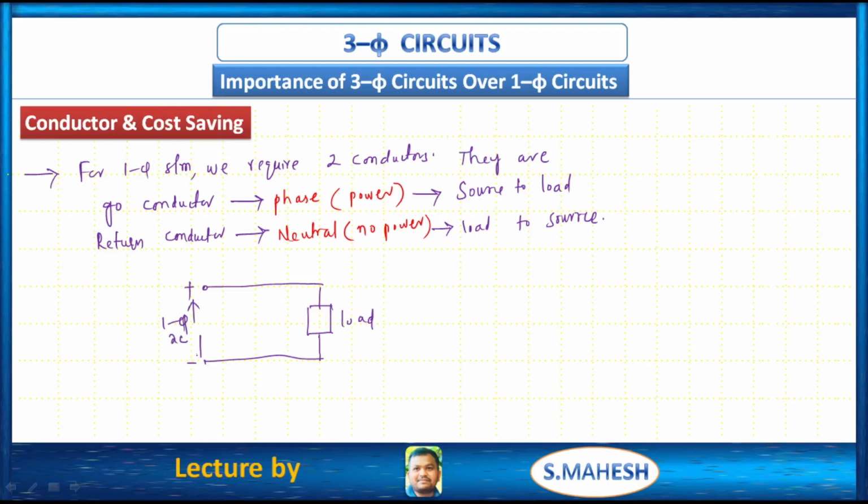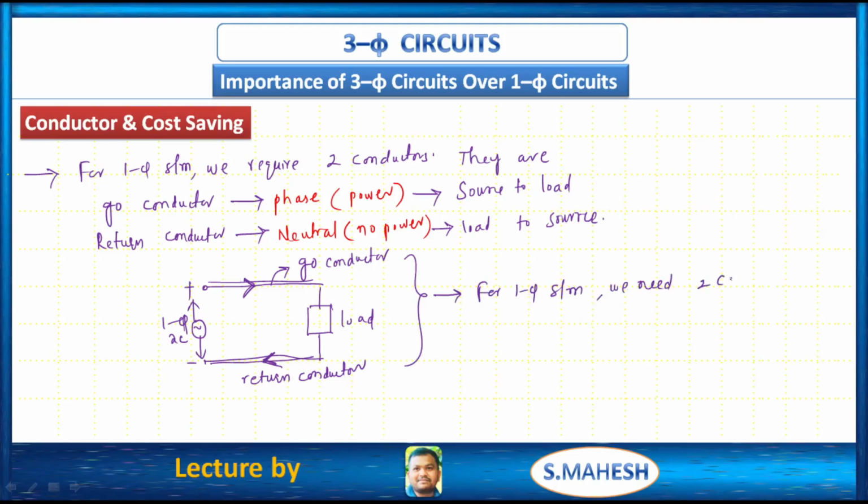Okay, single phase AC supply. Then this is the go conductor, and this is the return conductor. So for a single phase system we need two conductors.